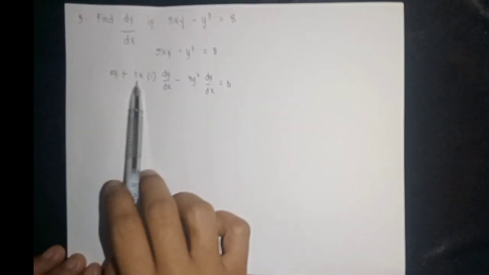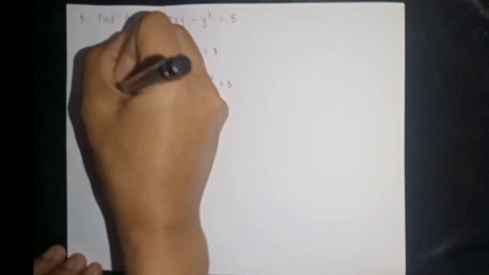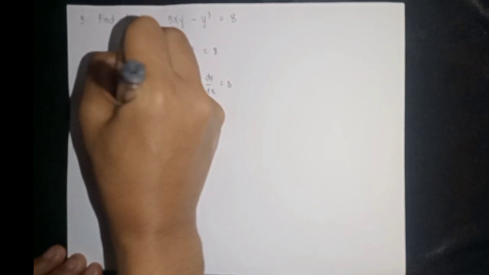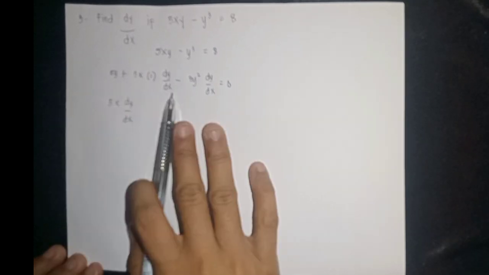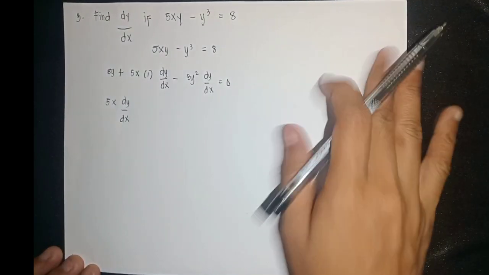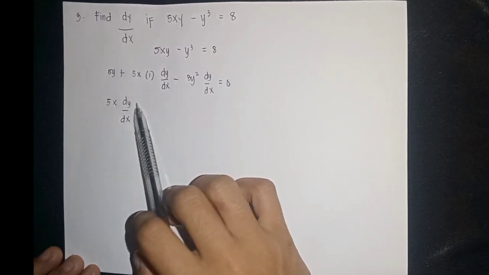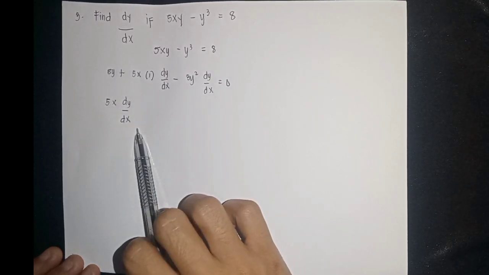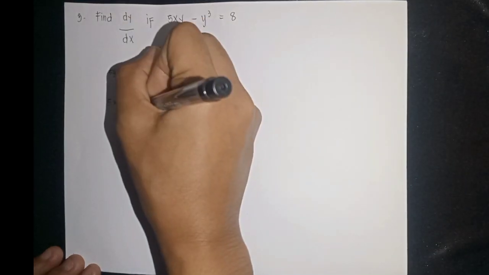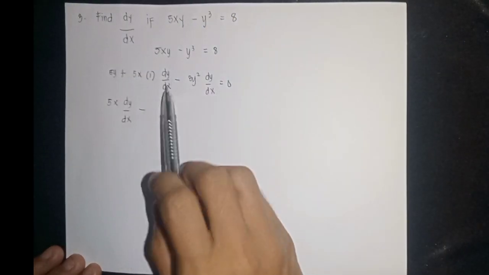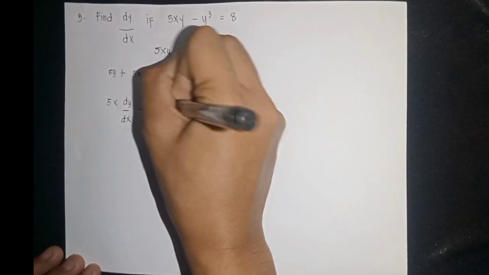And then copy the function, which is 5x times the derivative of y with respect to x minus 3y squared. So let's bring down the negative 3y squared times the derivative of y with respect to x.